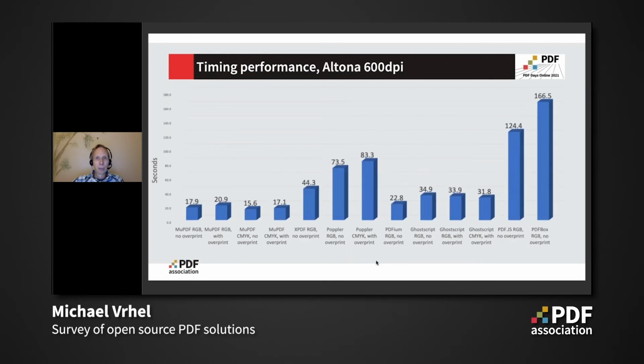If we move to the Altona test, we see a similar kind of thing. The codes running on the virtual machines, of course, are taking much longer, as would be expected. In this case, Poppler and Xpdf are probably struggling a bit more with this file than the other code bases.